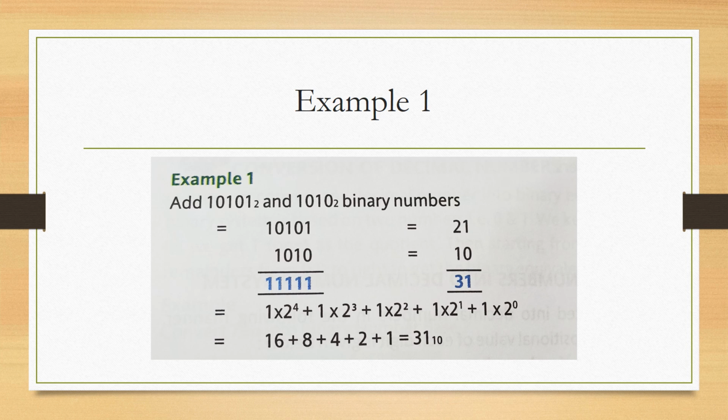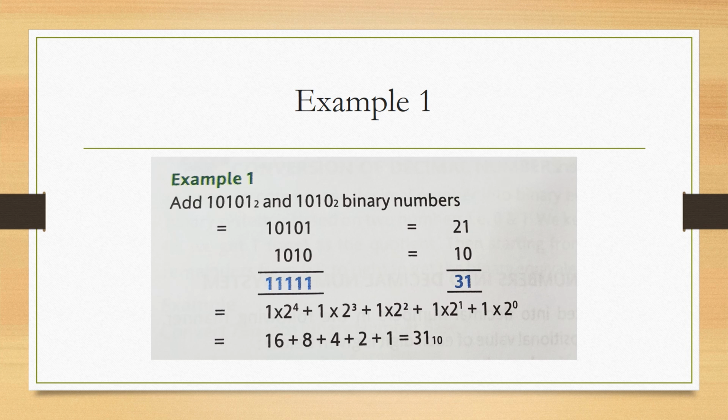We have to start adding from the right side, as we do when adding decimal numbers. 1 and 0 is equal to 1. 0 plus 1 equals 1. 1 plus 0 equals 1. 0 plus 1, that is 1. And the last number is 1 itself.